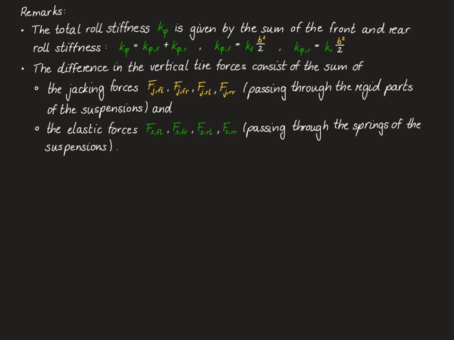Second, the difference in the vertical tire forces, where difference means with respect to the static equilibrium, consists of the sum of the jacking forces, which were denoted Fj for each tire, and which pass through the rigid parts of the suspension, and the elastic forces, which were denoted Fs for each tire, and which pass through the springs of the suspensions.